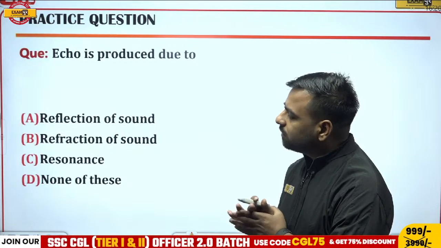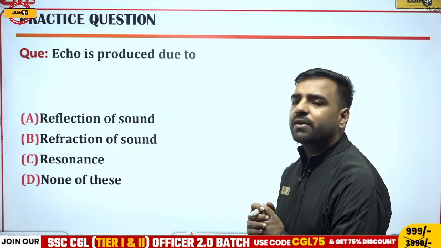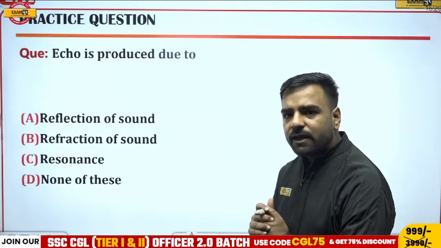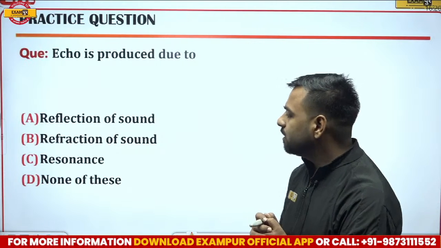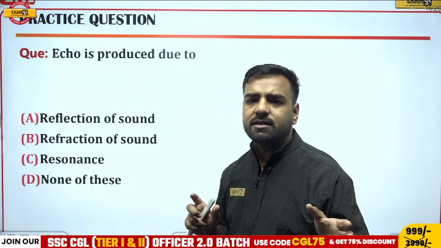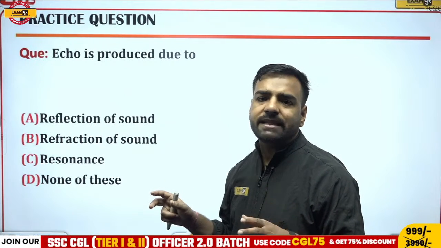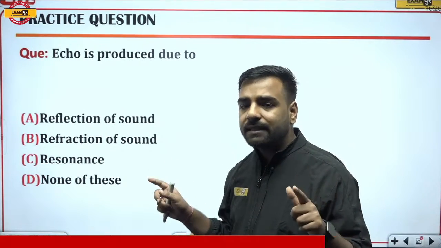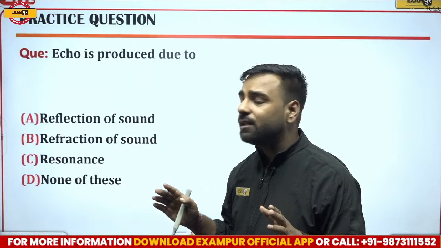If I go with these options, first of all, let's talk about resonance. If I go with the resonance part, here what is happening? If the vibration matches with the natural frequency, at that time there would be more intensity.